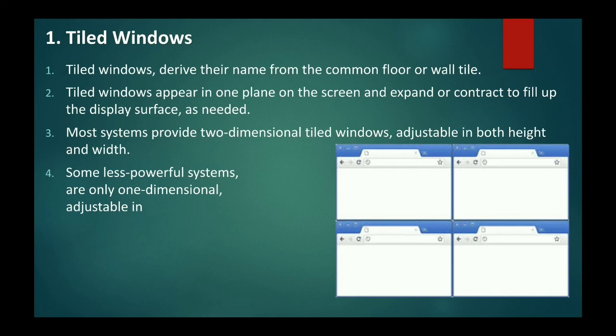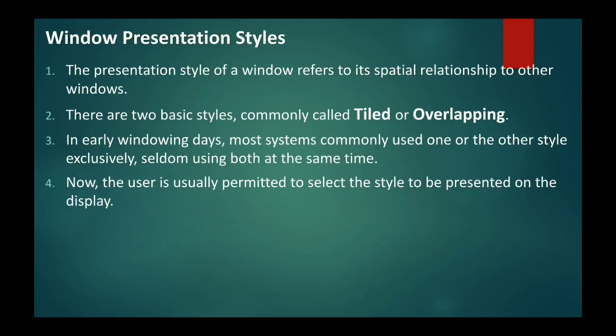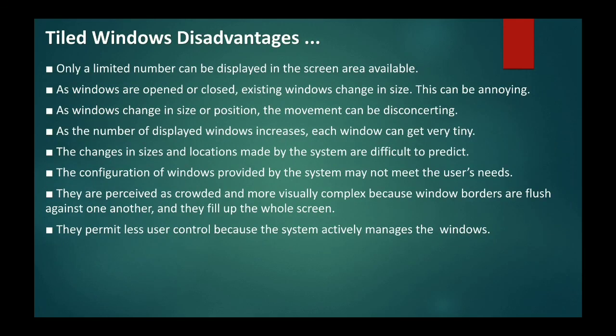The screen is 100% and it will be divided into six windows, so the space that comes to one window will be very small. As you increase the number of windows, it becomes massive, so we cannot increase the number of windows in the tile presentation.